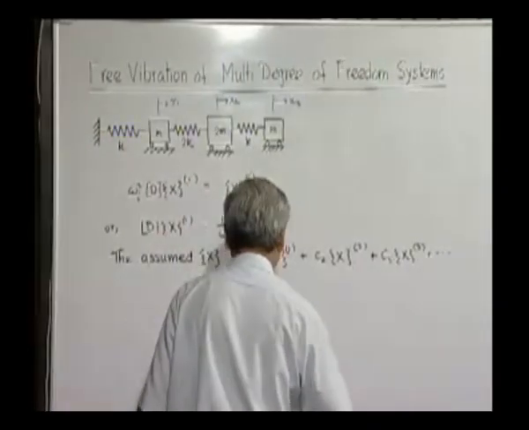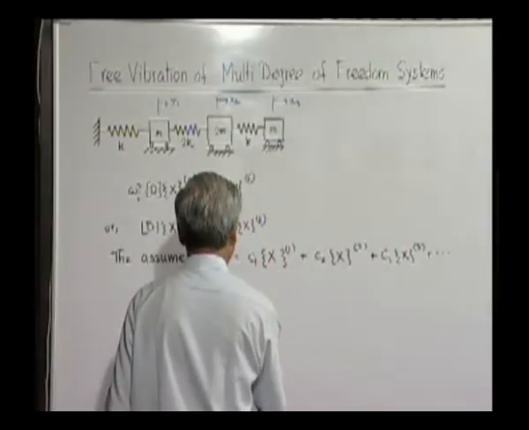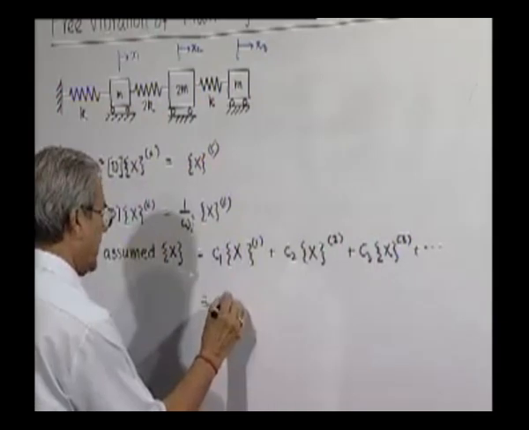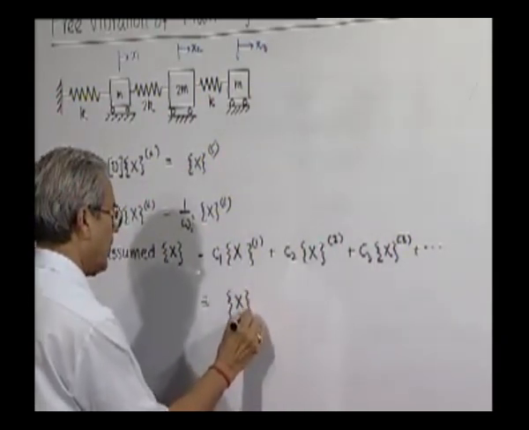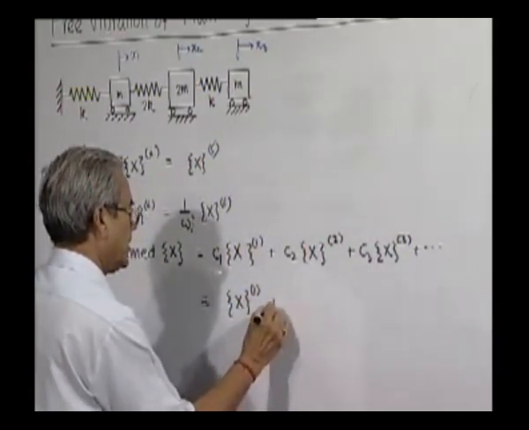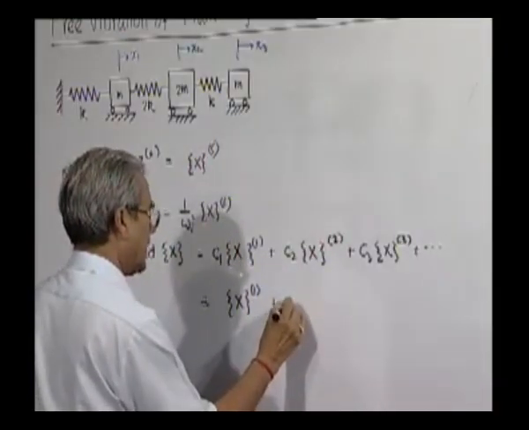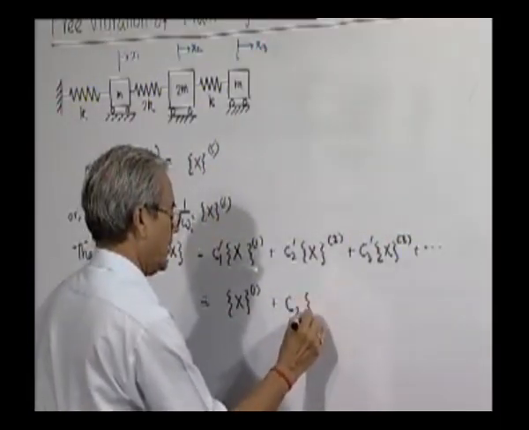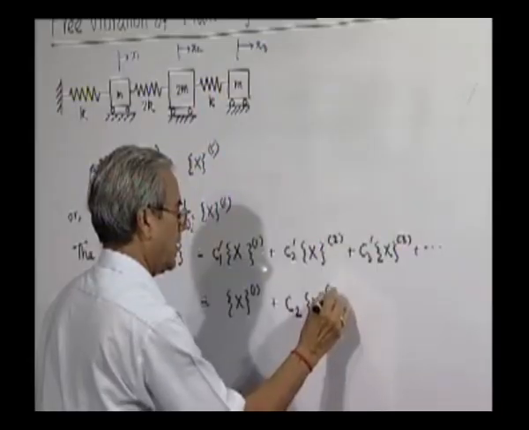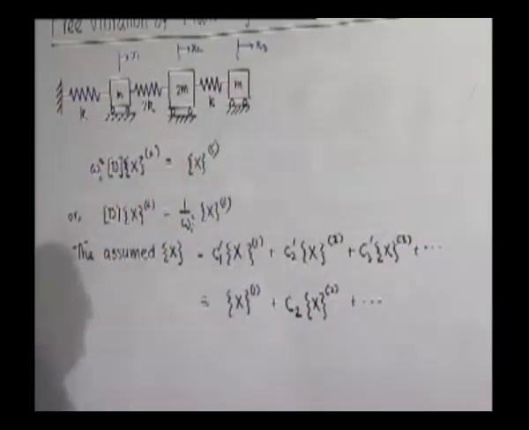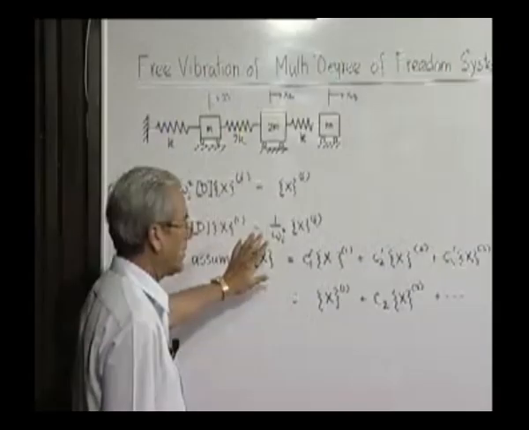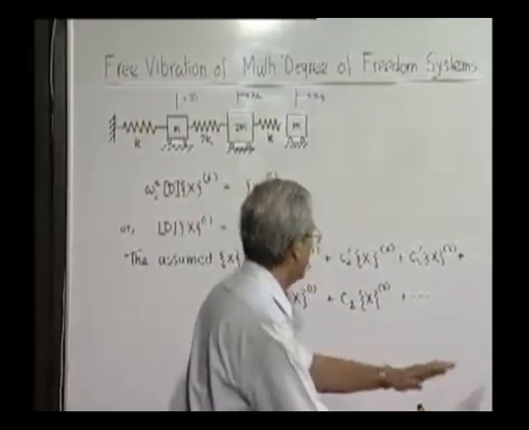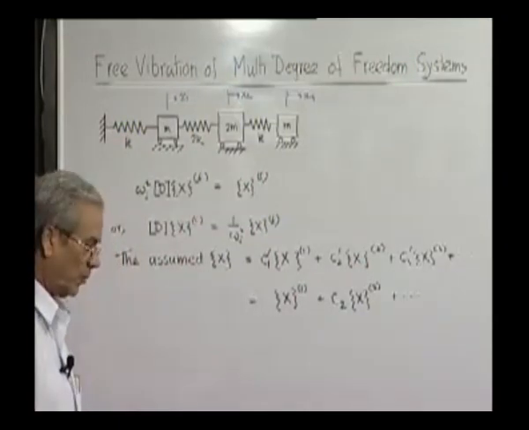Or if we still further normalize, we can divide the whole thing by C1, I can make it like this. C2 by C1 is one quantity, originally we called them with primes, now I call it C2, which is nothing but C2 prime by C1 prime. So, it is always possible, whatever this assumed value may be, to express it in terms of a series of all the natural modes.